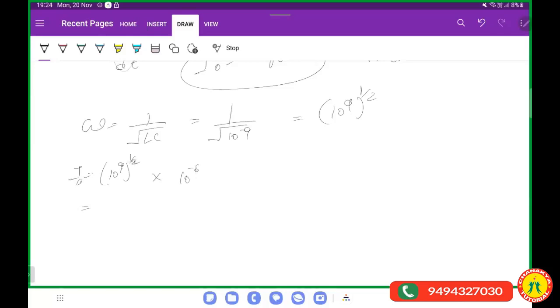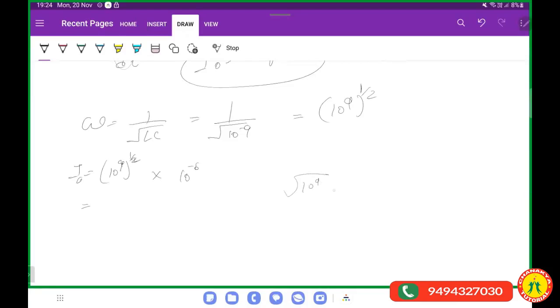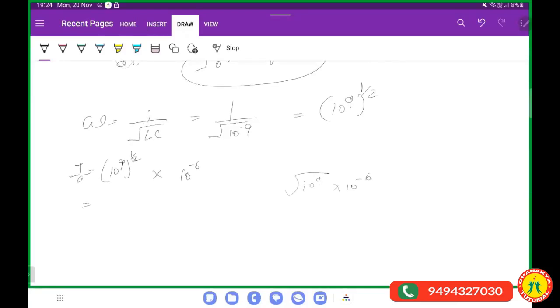How will you solve this? We'll go inside. It will become 12 minus 3, 1 milli.